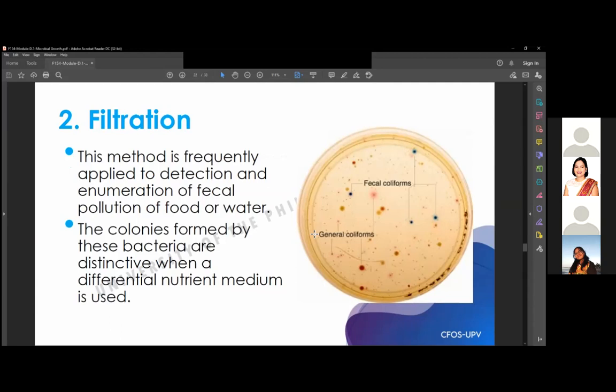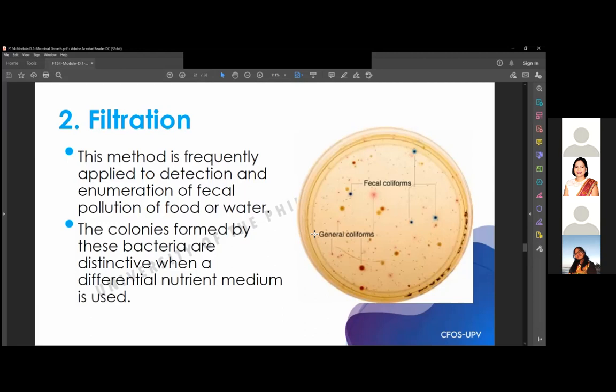Halimbawa, gusto mong i-test yung purified water. Diba? We know already that minimal na lang yung amount ng microorganism na present dyan sa purified water. So you need to do filtration to somehow concentrate yung bacteria na possibly present doon sa sample.